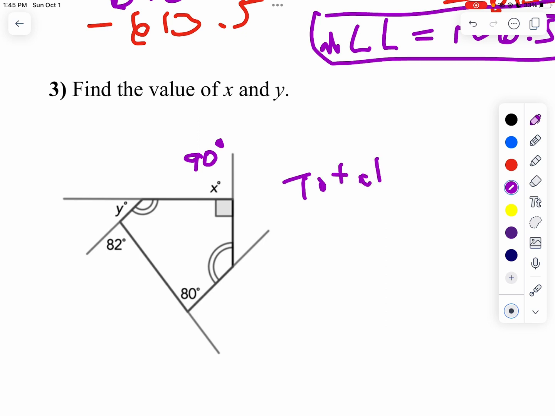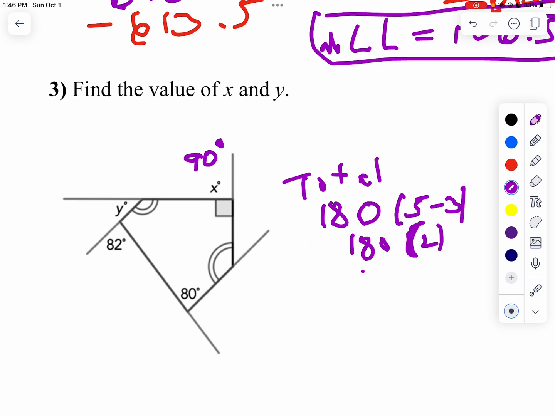is going to be 180 times 5 minus 2. I don't know why I put a 3 in there.